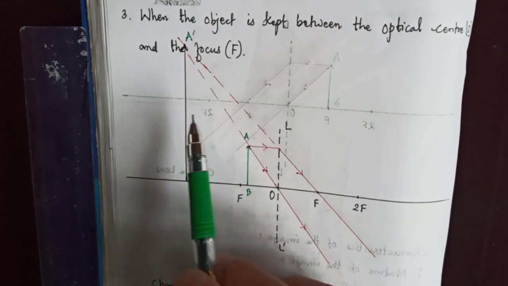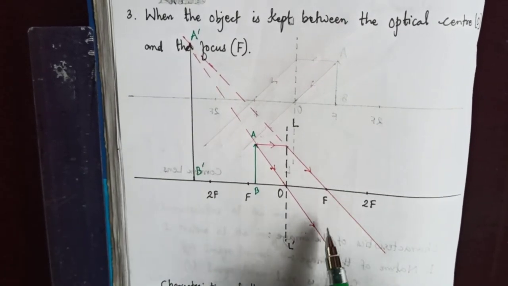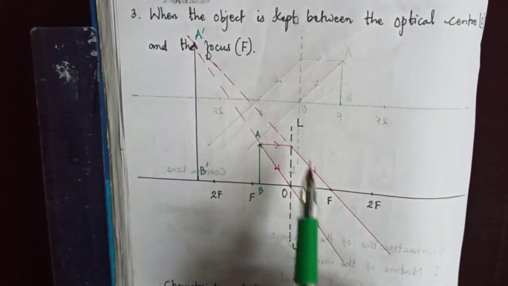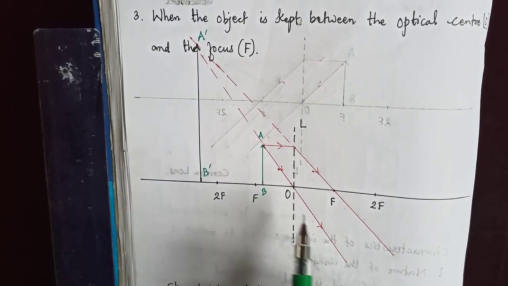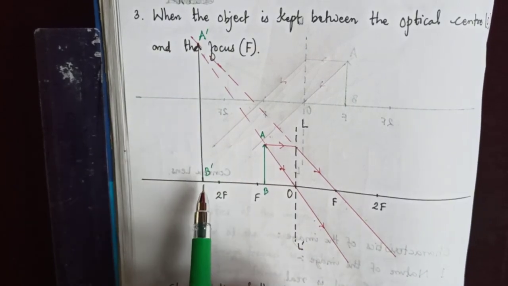So in this case, the image is formed not by the actual meeting of the refracted rays, but it is formed by the rays of light which are produced backward. These refracted rays of light, when produced backward, they appear to meet here. So that is why this image formed is virtual.